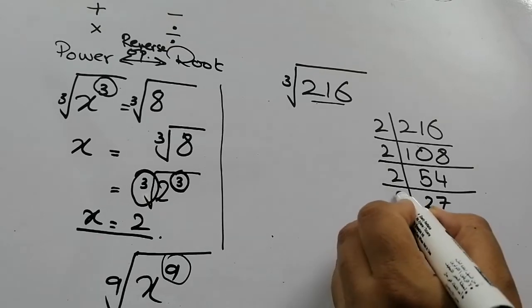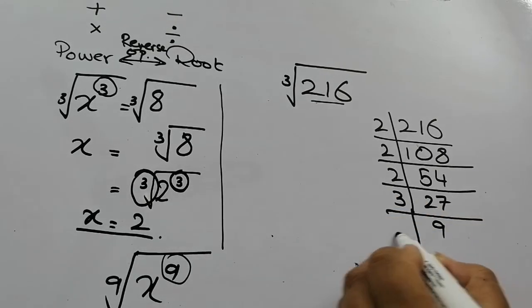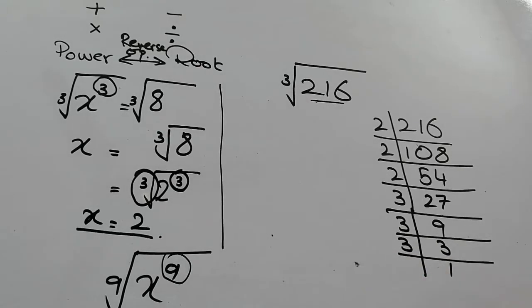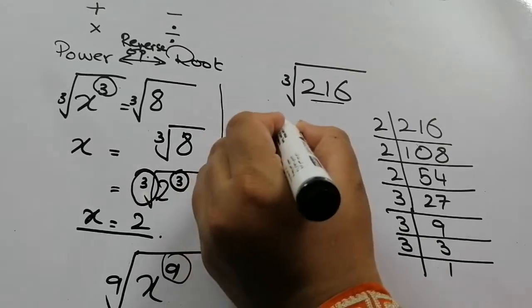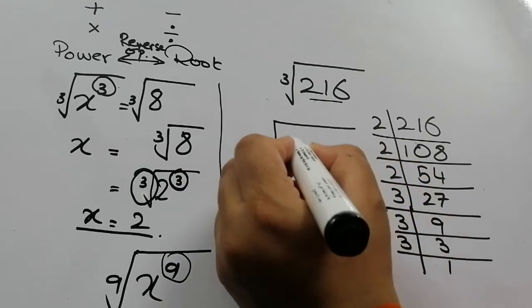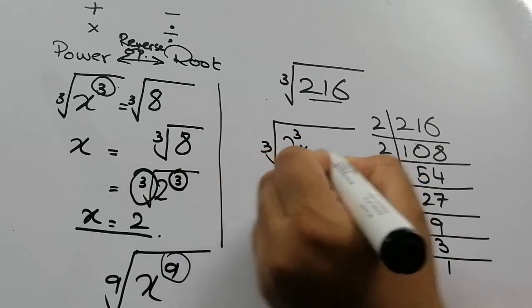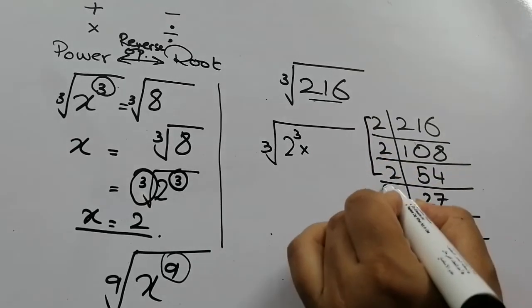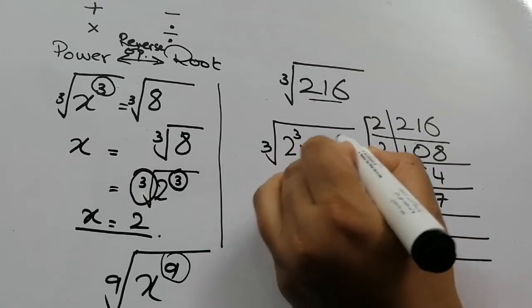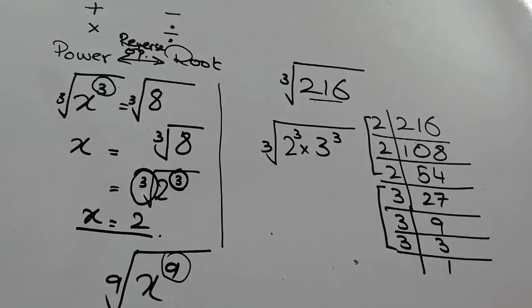So I can divide it by 3. 3 9s are 27. 3 3s are 9, and 3 1s are 3. So if I write this in the form of index notation, I can say 2 cube, because these are three 2s and three 3s. So I can write 2 cube multiplied by 3 cube.